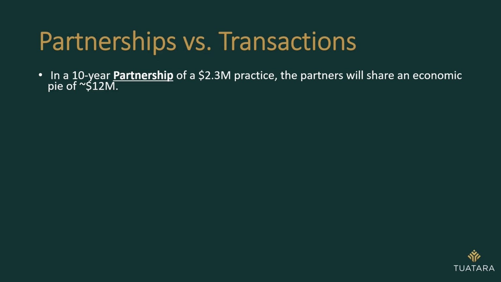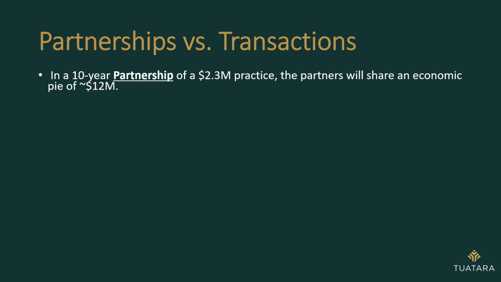In a 10-year partnership of, say, a $2.3 million practice, and we understand that to be a relatively average partnership consisting of two doctors that are probably not even operating but 3 to 3.5 days per week, because that's also part of the benefits of using a partnership, is that if done well, both doctors can often step back a little bit clinically, because the profit margins of the practice allow them to earn additional owner profits, and they make about the same, if not more, than they were as solo practitioners.